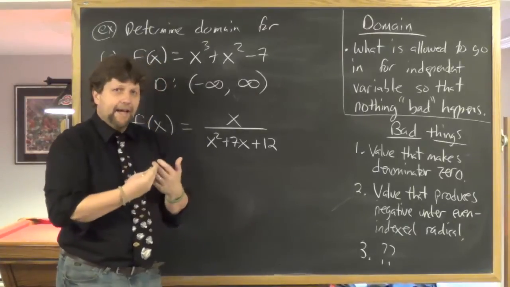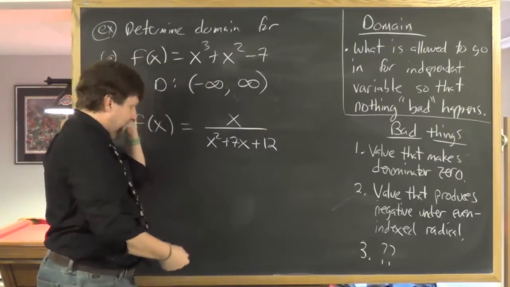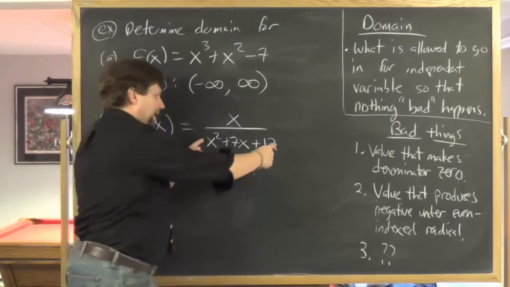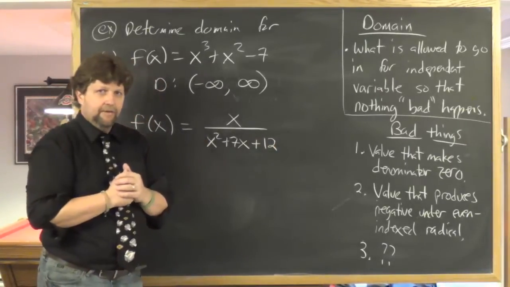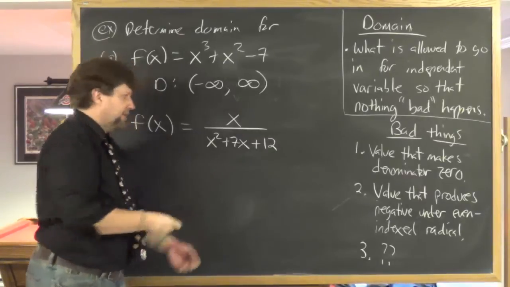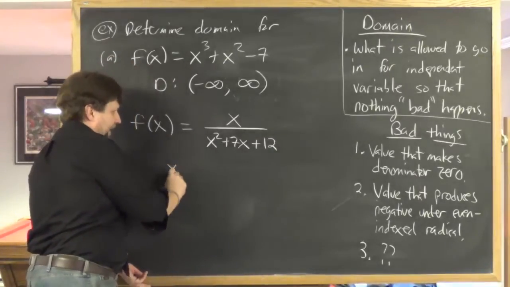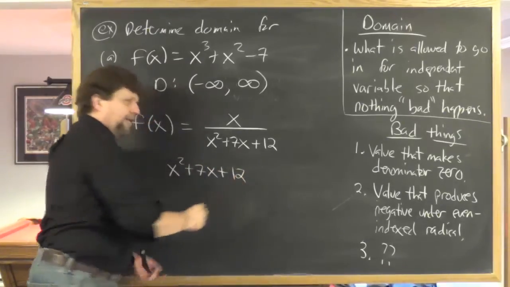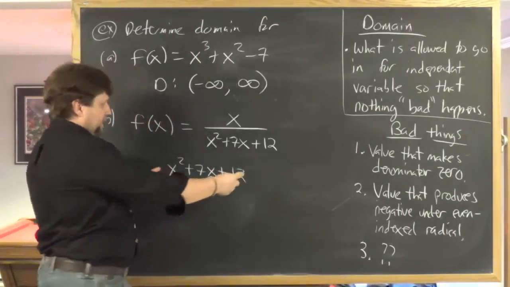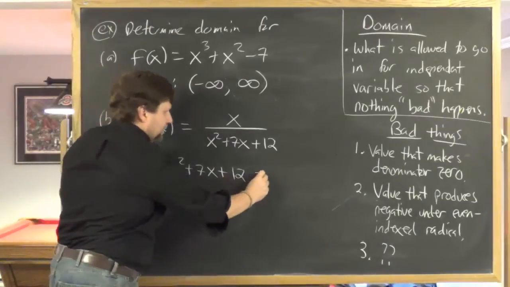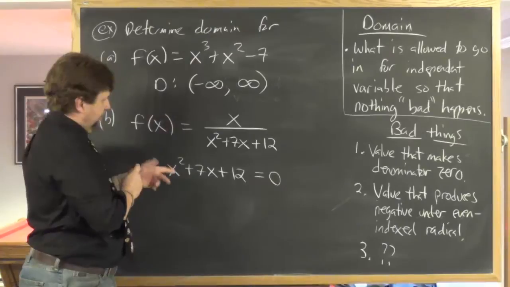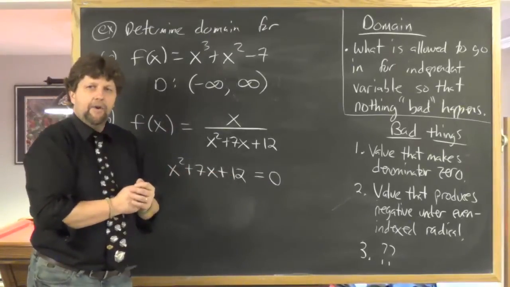So I think my task is to look and say, well, gee, are there any numbers that will make the denominator 0? Notice that's a little equation. Are there any values of x that will make the denominator 0? Let me write down the denominator. Well, that's a friendly little quadratic equation to solve.